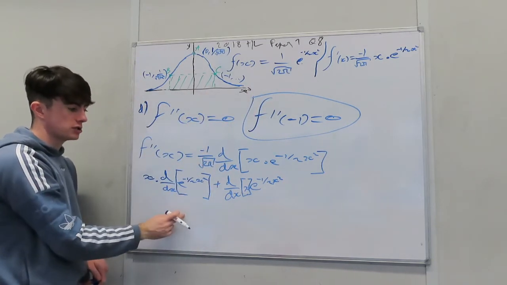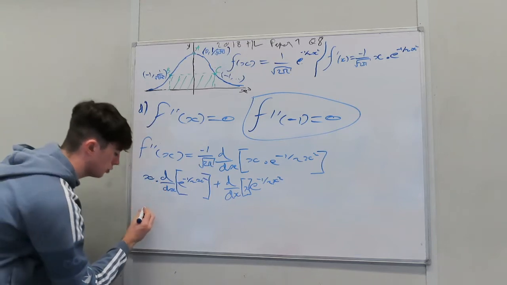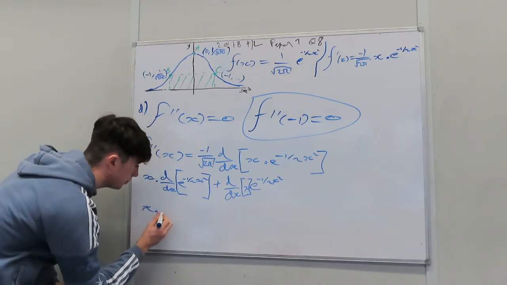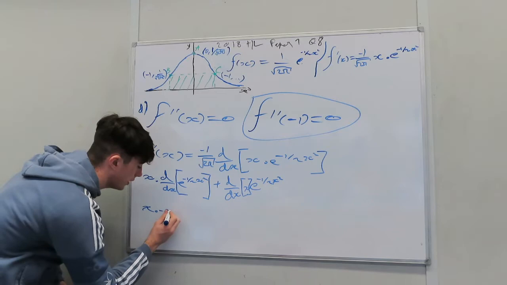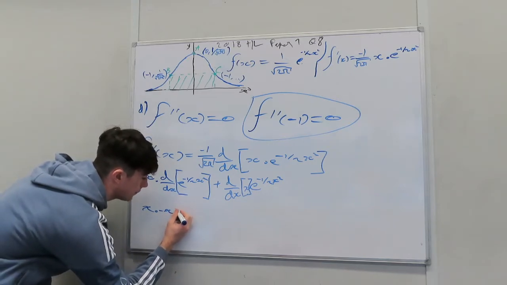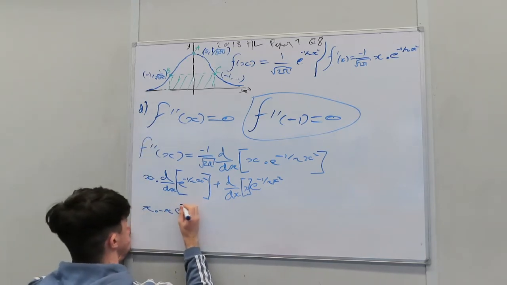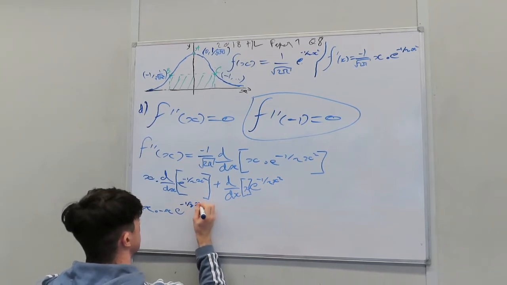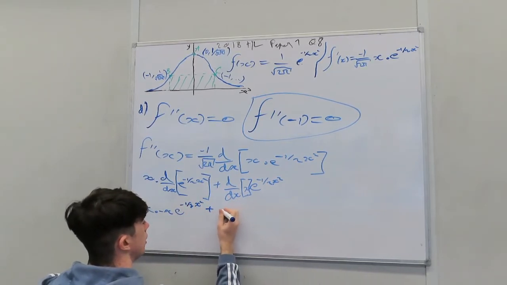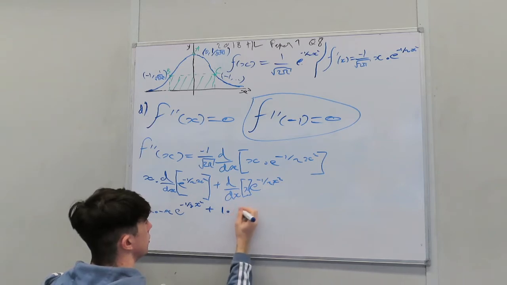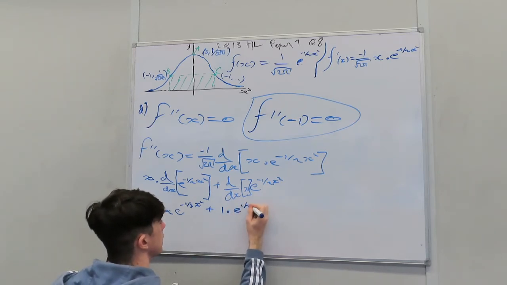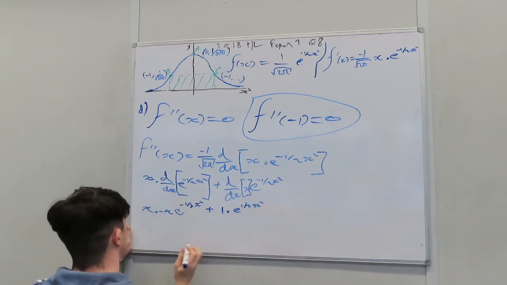So I'm not going to explain what we do here because we already did. So we get x multiplied by minus x e to the negative half x squared plus 1 multiplied by e to the negative half x squared.